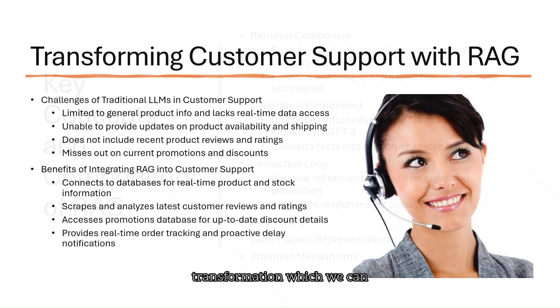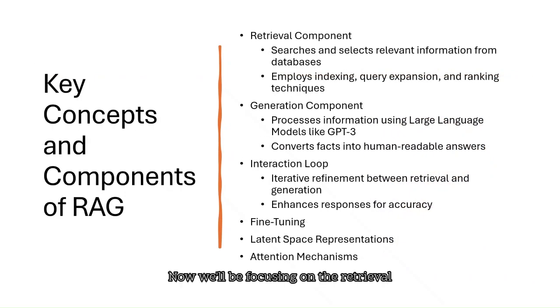This transformation brings us to the key concepts and components of RAG. The retrieval component is responsible for searching and selecting relevant information from a database or corpus of documents. Moving forward, from a generation component perspective, once the relevant documents are retrieved, the generation component takes over and leverages large language models such as GPT-3 or GPT-3.5 to generate contextually accurate responses.